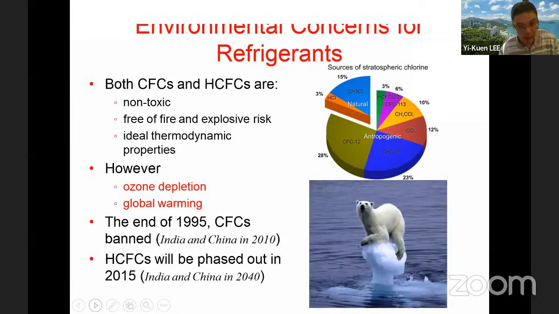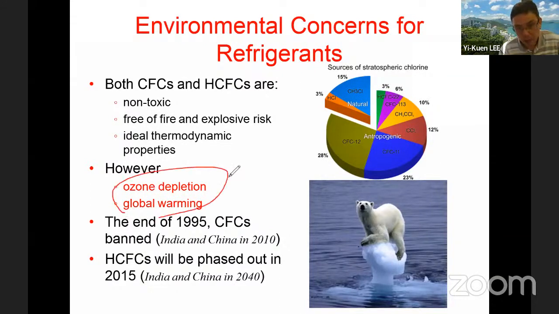And then of course, as I showed you, we used a lot of CFC and HCFC, and in general they can produce some big problems: global warming and ozone depletion.